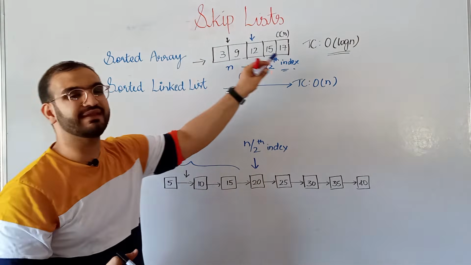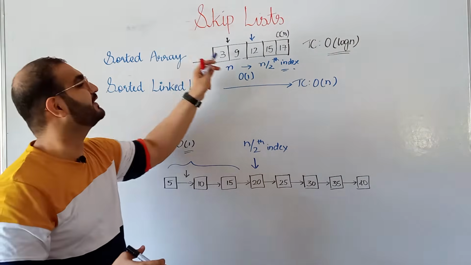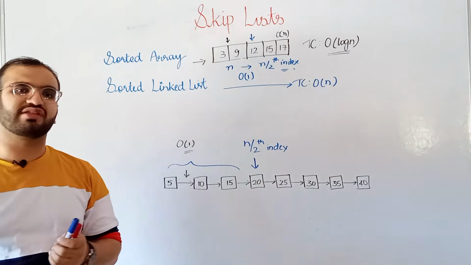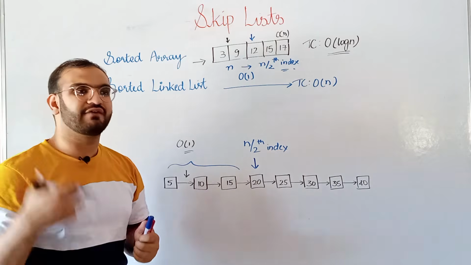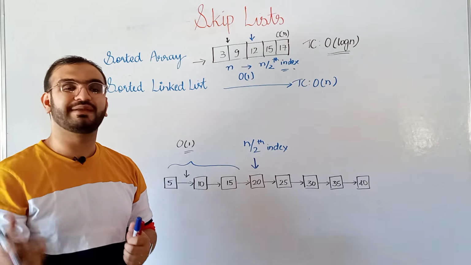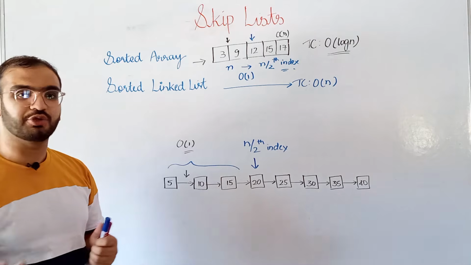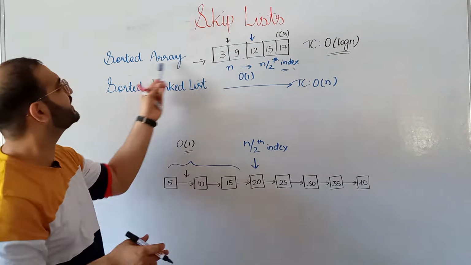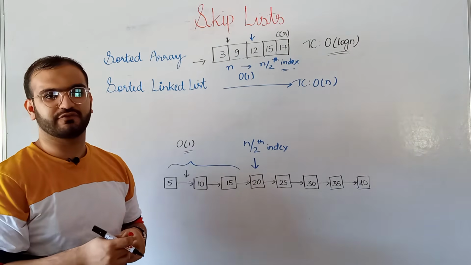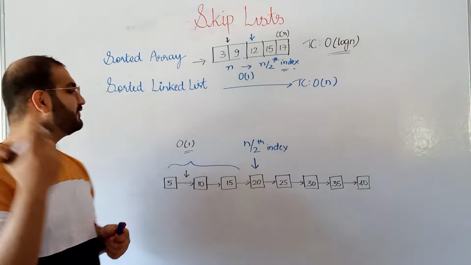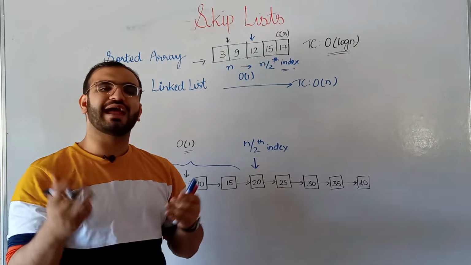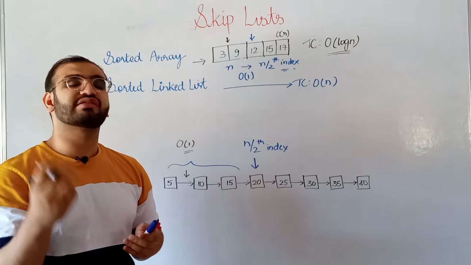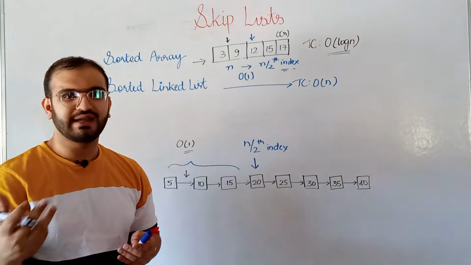But here, if you want to do any insert or delete operation, it will take you order of n time, right? So in those cases where you are doing as many updates and as many searches in your data structure, a sorted array is not a good alternative. You want something in which your insert and delete operations as well as your search operation take lesser time.